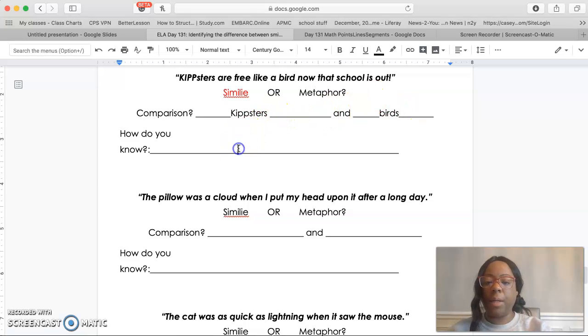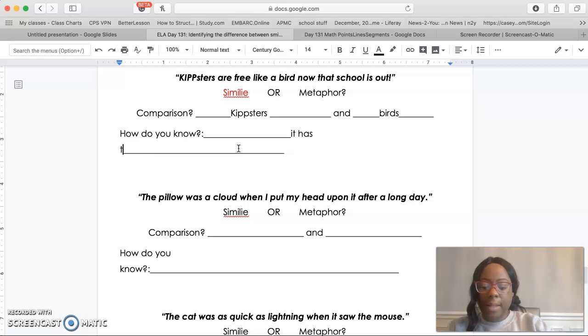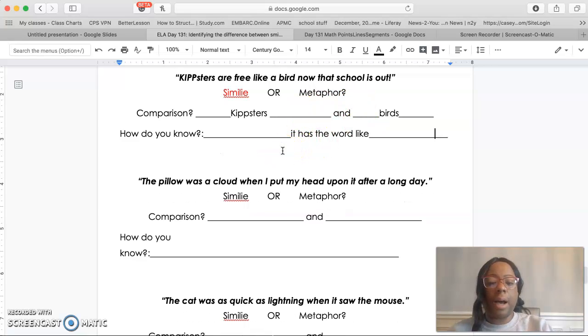Now, how do we know? It has the word like. Let me spell that right. Okay, our sentence has the word like. That's how we know that it is a simile.